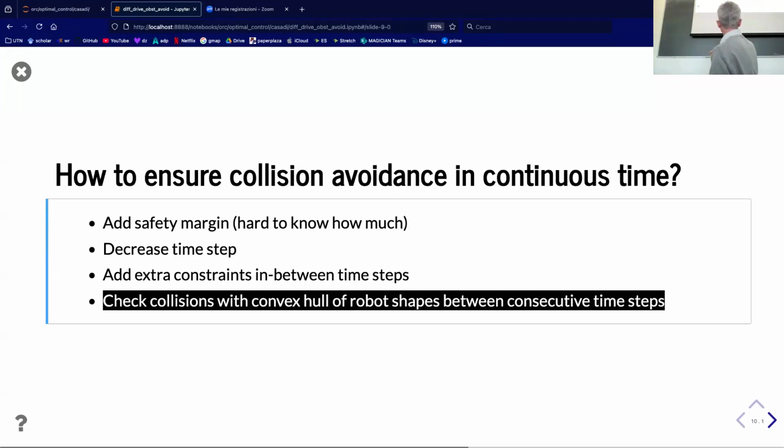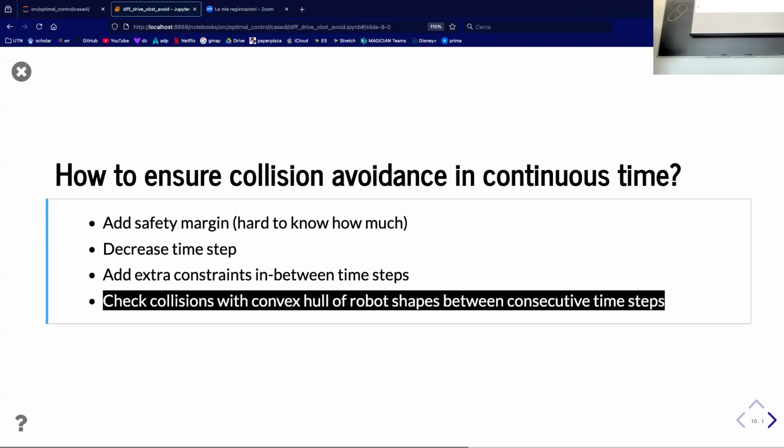So I think that maybe drawing it would help. If the robot is here now and the robot is going to be here at the next step, imagine these two circles are the same size. You can take the convex hull, which is this thing. It's basically a capsule. And if you check collision using the convex hull, then you can be sure you have continuous time collision-free motion. Why convex?